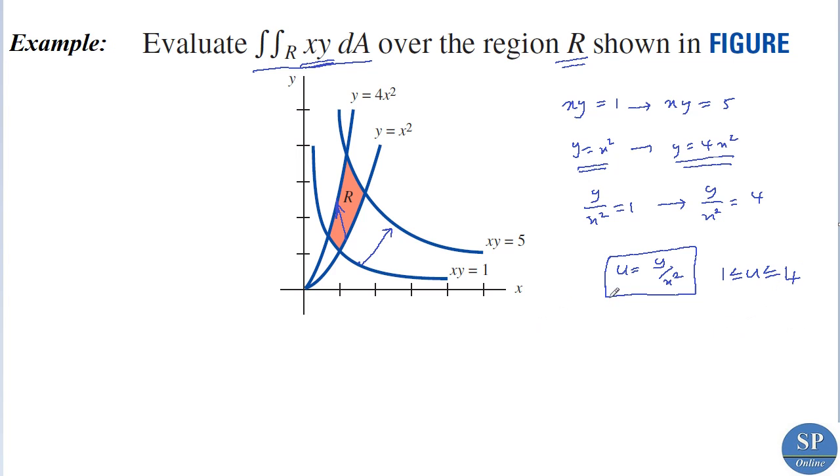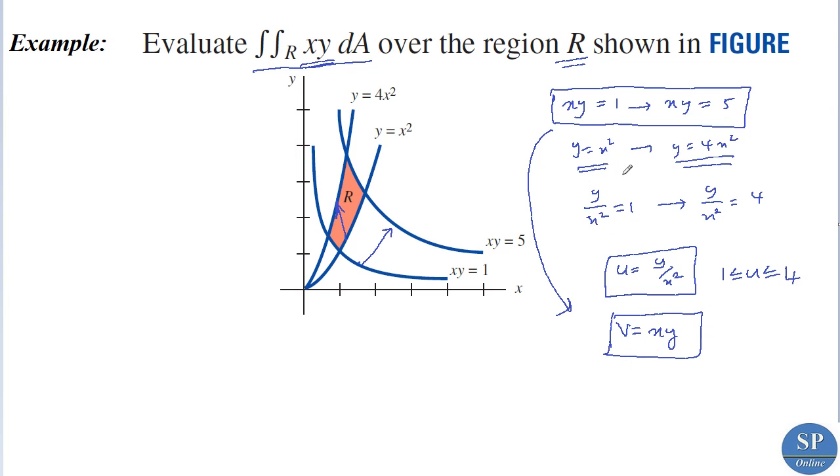Now the second variable we can take as, here xy equal to 1 to xy equal to 5. If we put v equal to xy as the new variable, then xy varies from 1 to 5, therefore v varies from 1 to 5.